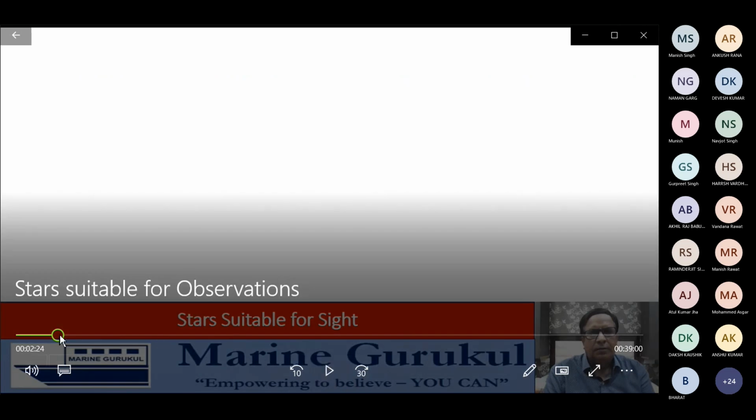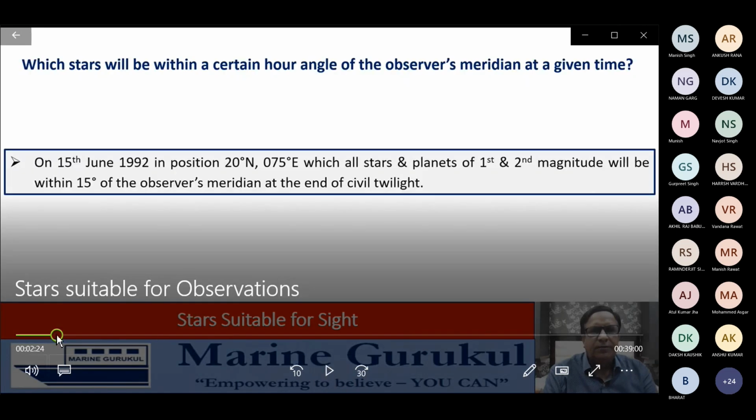Okay, so beta, this is the first category of questions. You will see that in this type of question, they give us a particular day, 15th June 1992. They will also give us the DR position of the ship, 20 north, 075 east.